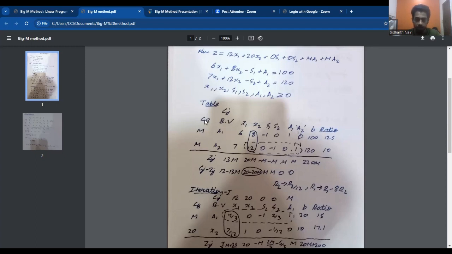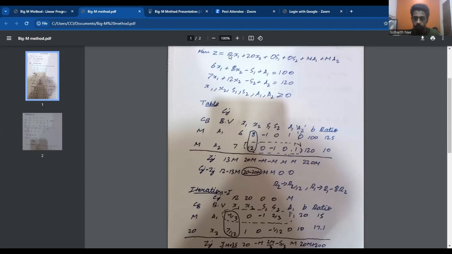So in this table, CB shows the basic cost of the basic variables a1 and a2. Cj shows the coefficients of the objective function. Here the Cj will be shown: x1's cost is 12, x2's cost is 20, s1 and s2's cost is 0, 0 respectively.